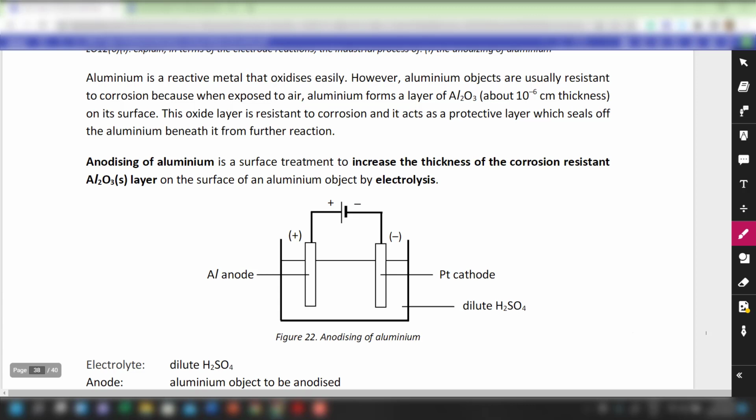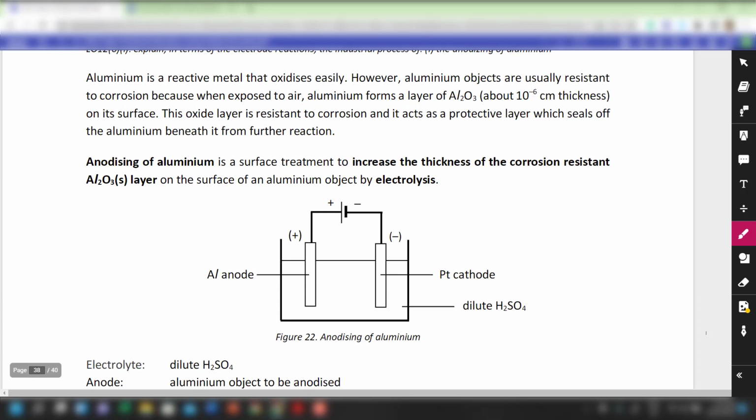In this case, we will put the aluminium at the anode, because we want oxidation to take place at the surface of aluminium, so that aluminium will be oxidized to aluminium 3+, and then due to a complex series of chemistry involving water in the system, aluminium oxide will be formed at the surface of the aluminium anode.